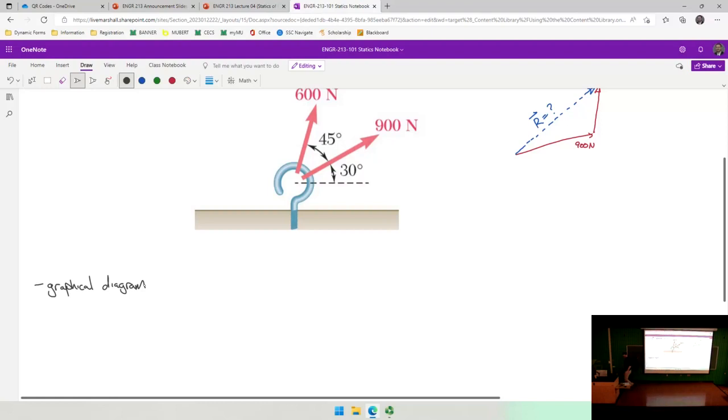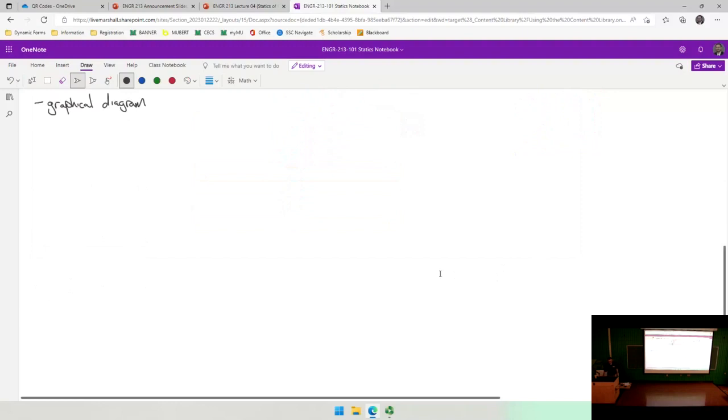Okay, so let's do some things. All right, so let's start off with that first vector. Let's put that, I don't know, right here. And I'm doing this by hand. I'm also going to try and do my best to draw this to scale. I know I'm sitting here on a screen, but I'm going to do my best to draw this to scale.